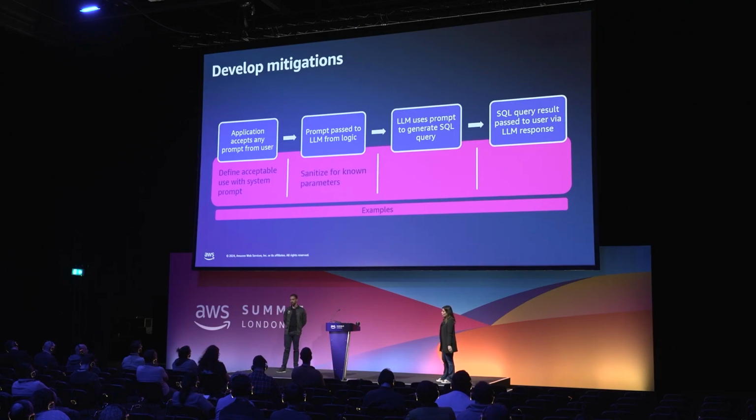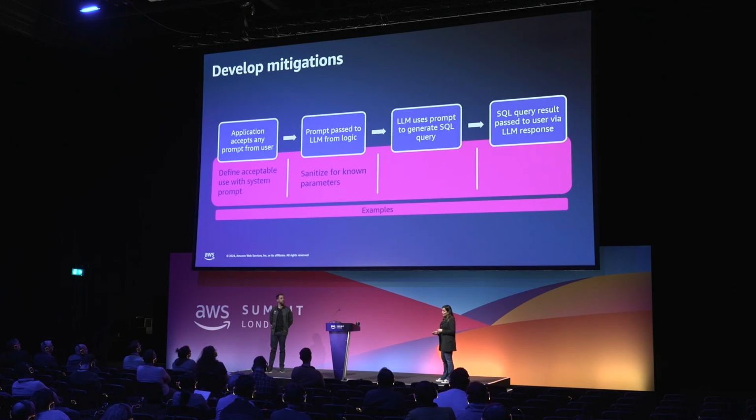For the prompt that is being passed to the LLM from the logic, that is also something where, using LLM guardrails or agents, you can do things like sanitizing for non-parameters. And if you look at prompt injection, it really has a lot of similarities with just regular injection, right?